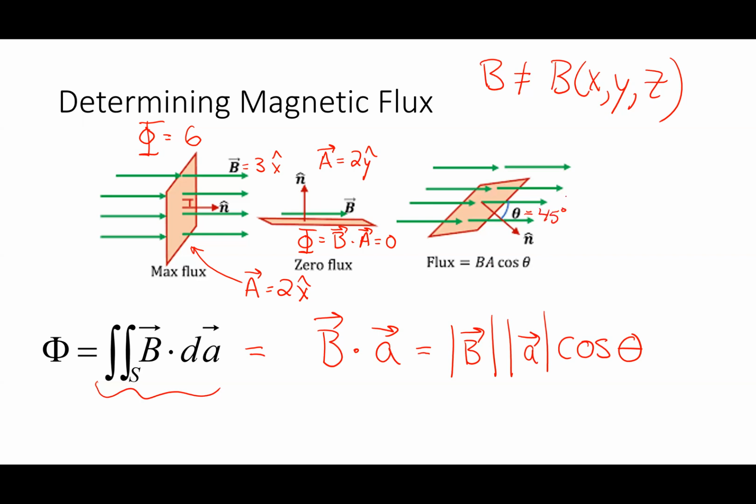What would it be then? My B was 3, so 3 times 2 times the cosine of 45 degrees. So it'd be root 2 over 2. That's the key thing. What's going to happen in a motor is that theta, that angle, is going to become a function of time, because I'm going to make the motor turn, which means the coil's going to turn.